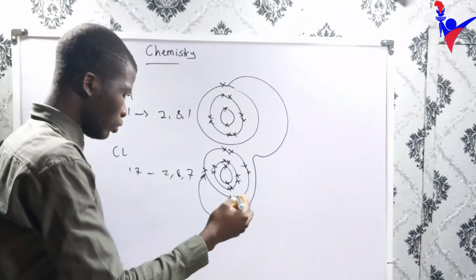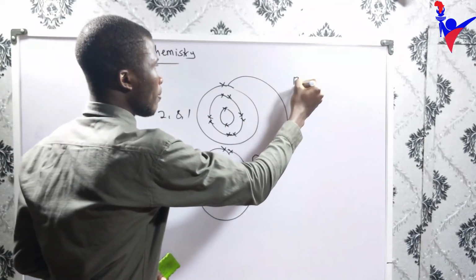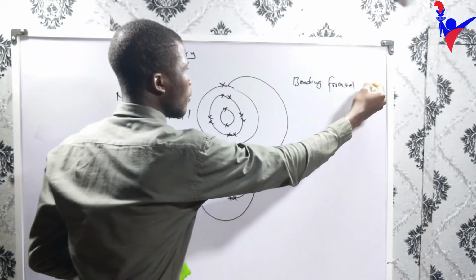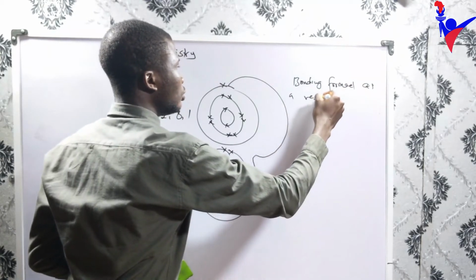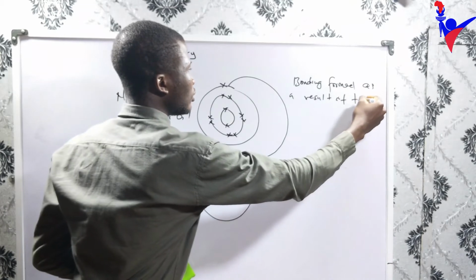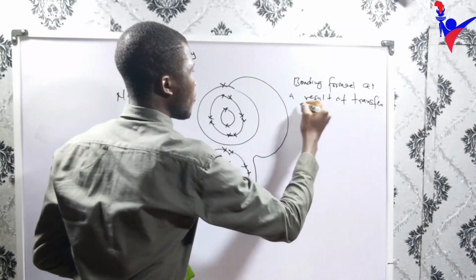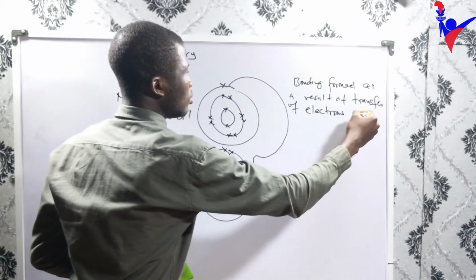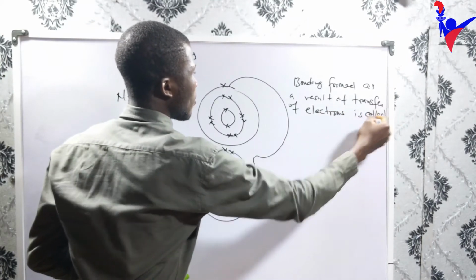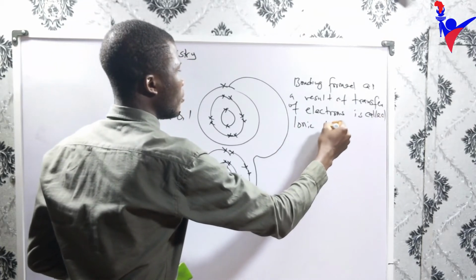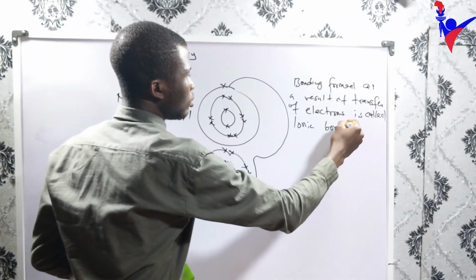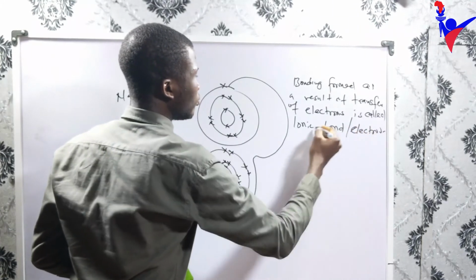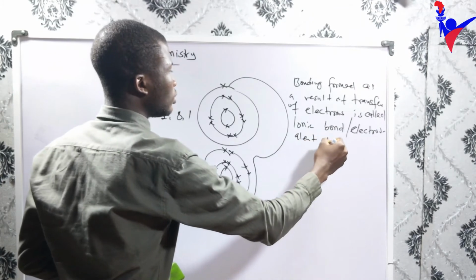Let me write it on the board for you. Bonding formed as a result of transfer of electrons is called ionic bond or electrovalent bond.